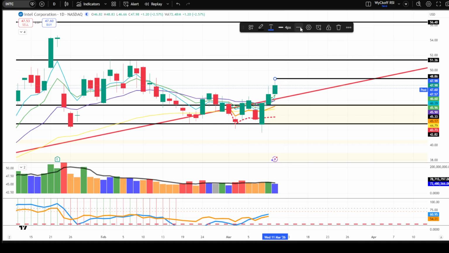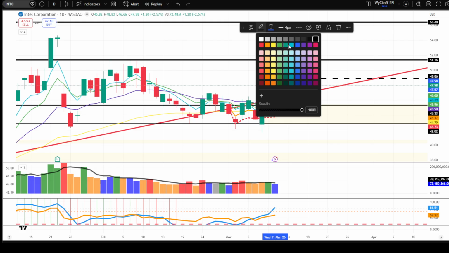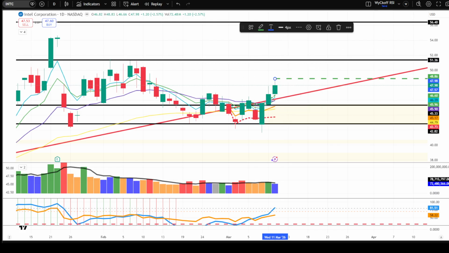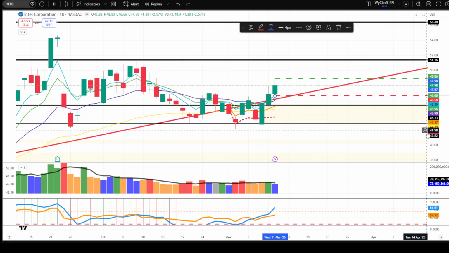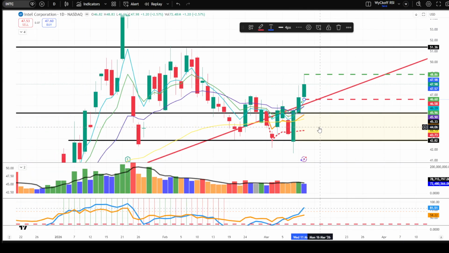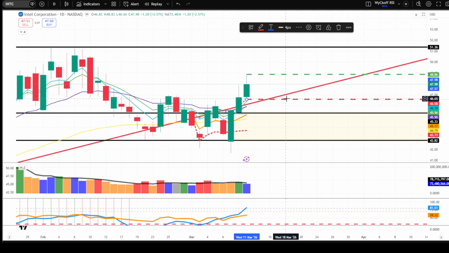And so you just mark off the daily candles. So this was today's high, 48.86, and today's low was 46.60. So that's what happened today.